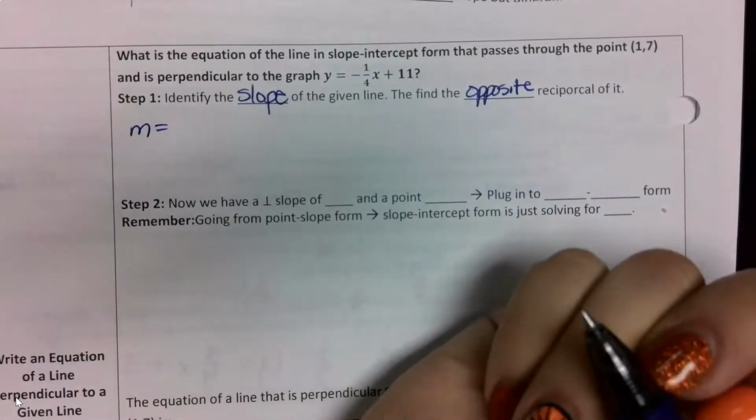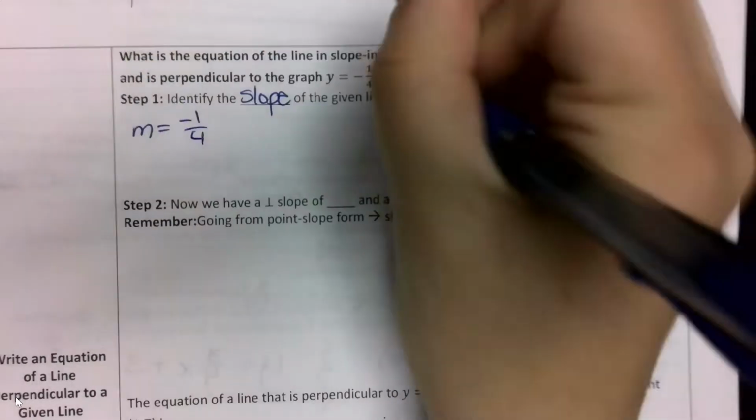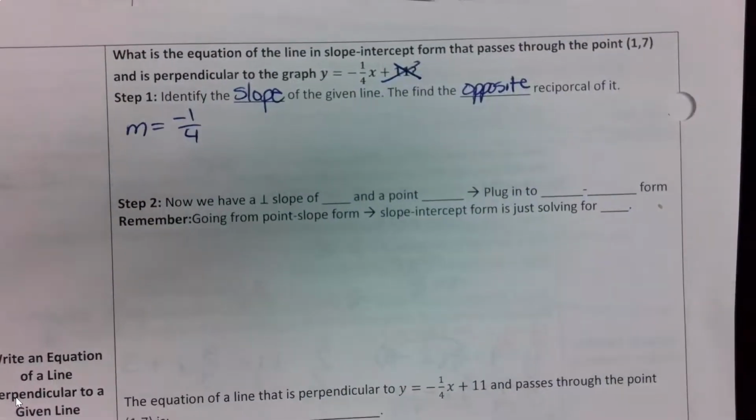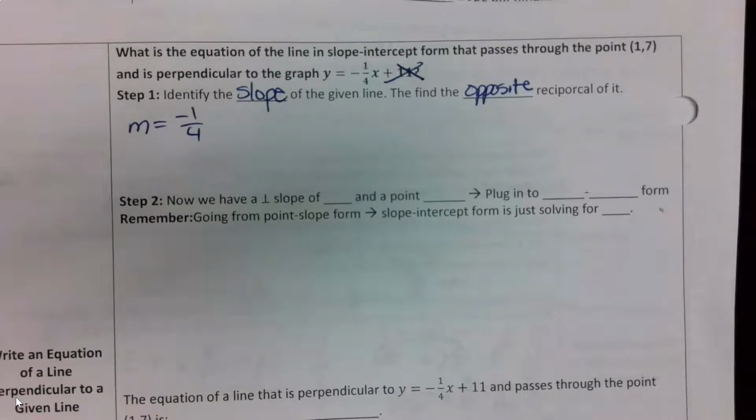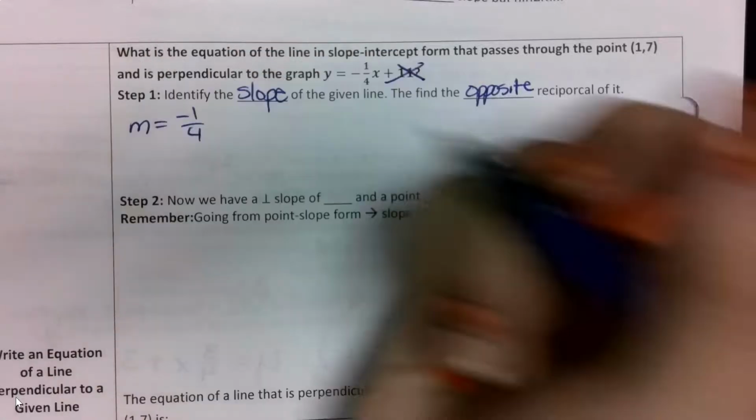What's the slope of the line they gave me? And that 11 is not going to be important, so I'm going to cross it out. Then I want to go ahead and find my perpendicular slope.